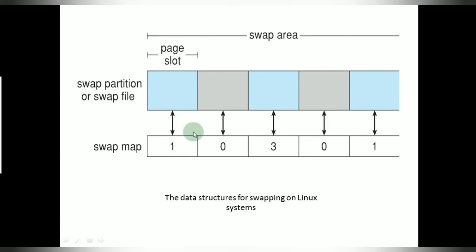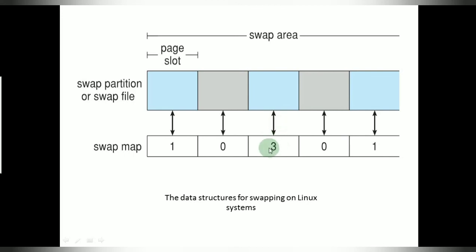If the value of the counter is 0, the corresponding page slot is available. If the value is greater than 0, it indicates that the page slot is occupied by a swapped page. The value of the counter indicates the number of mappings to the swapped page.